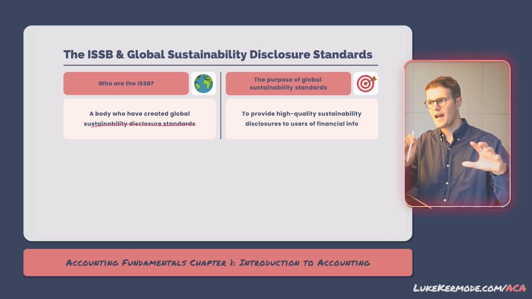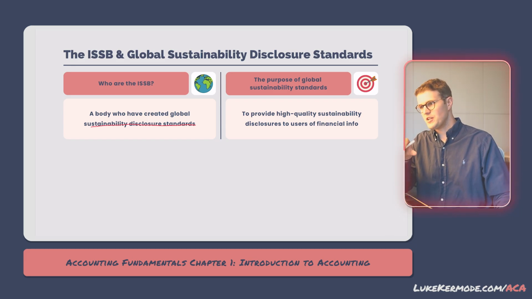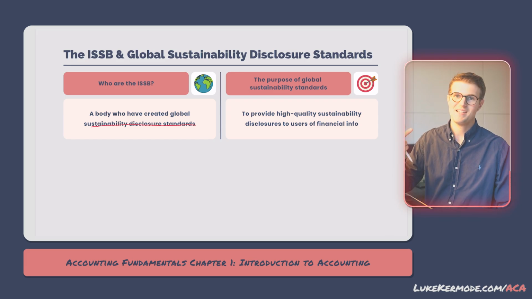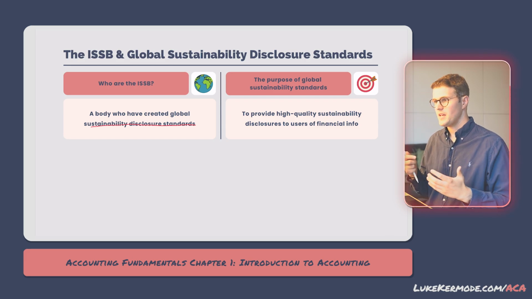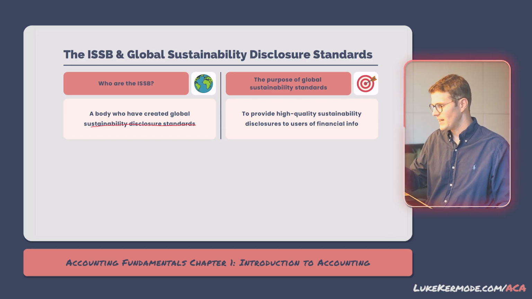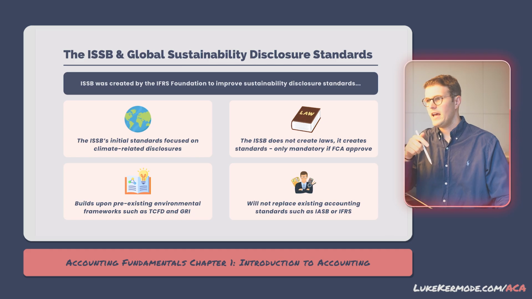So impact looks at the actions of the business and how they impact the environment and society, whereas dependencies looks at how changes in society and the environment impact the business and its valuation. So while the ISSB provides these key frameworks, it's up to national governments and regulators to enforce their use in company reporting. So let's now take a look at ISSB in a bit more depth.